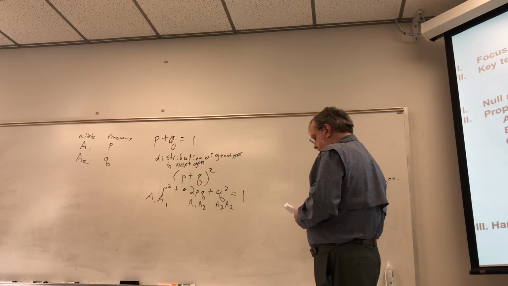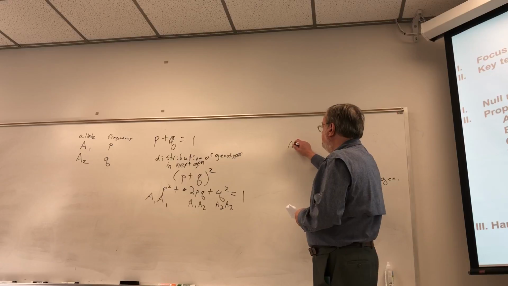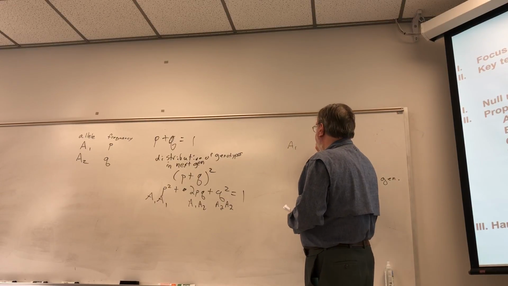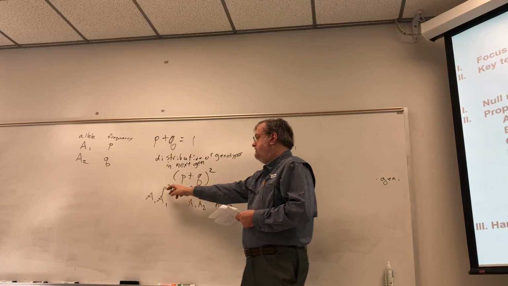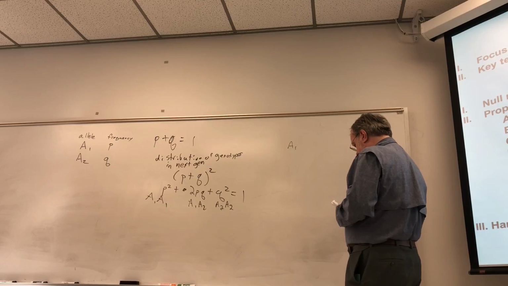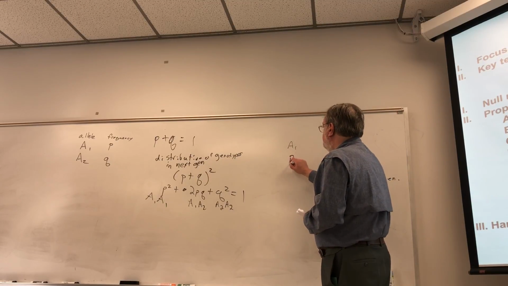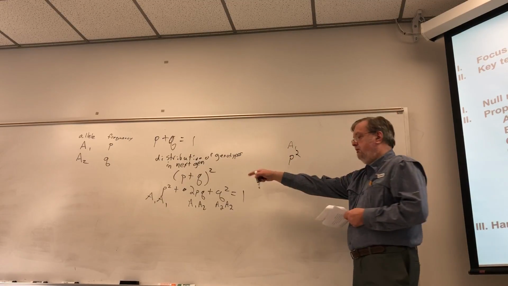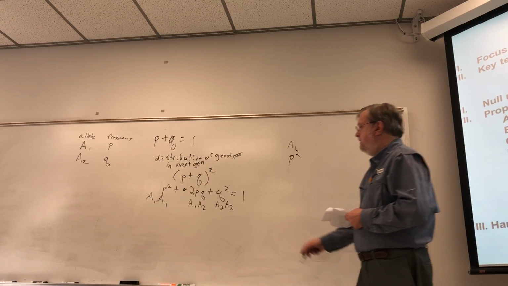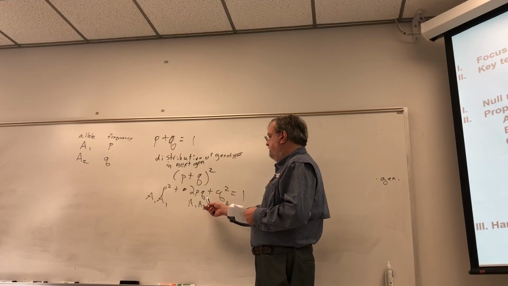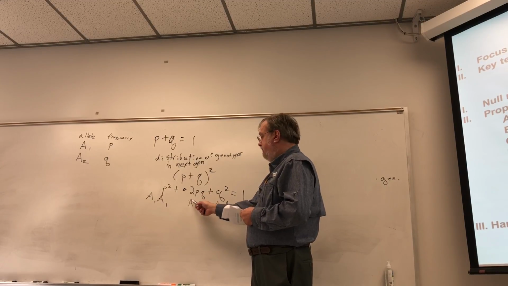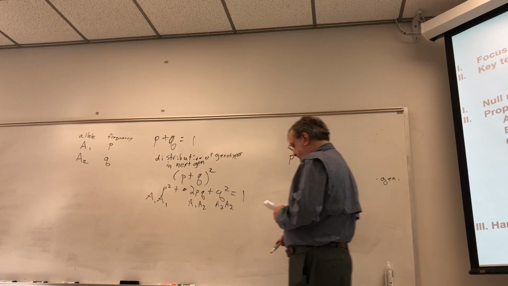So after one generation, what would be the frequency of A1? Well, we see that there are P squared, which are all A1A1, so all of those are the allele A1. And here we have 2PQ, so half of 2PQ must be the A1 frequency.